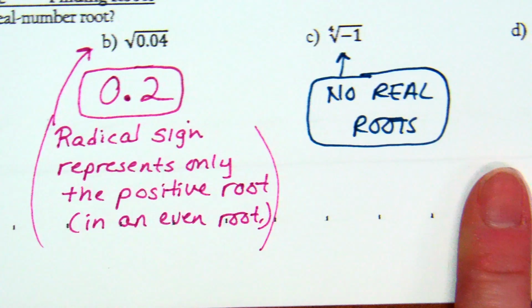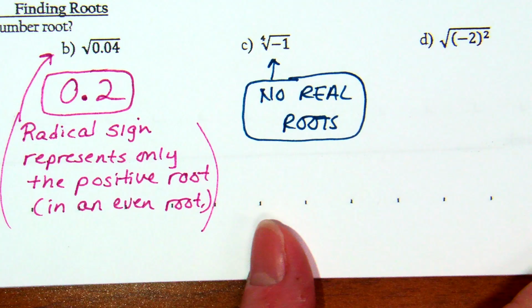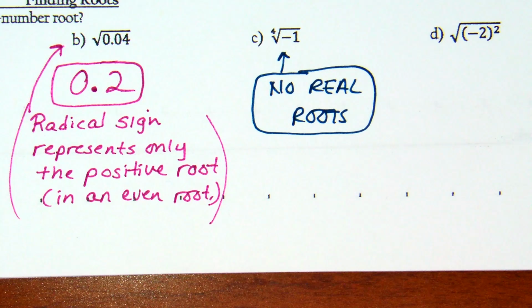And D, square root of -2 squared. What? 2? Why 2?